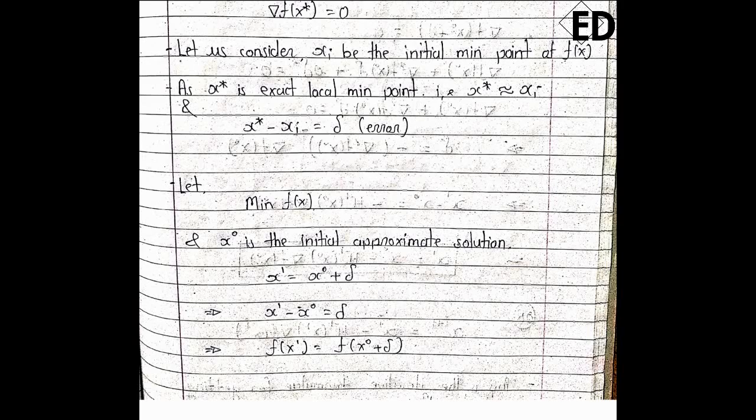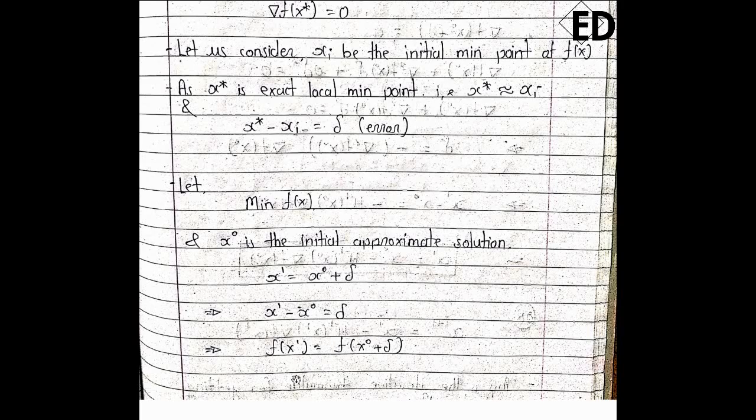When we add that error to our initial approximation, we get our next best solution. Moving x0 to this point, we see that this is the error. Of course there is error, because this is the next best solution and this is the initial best solution, so there must be error between these two points.